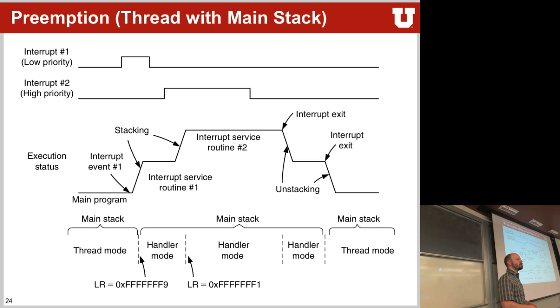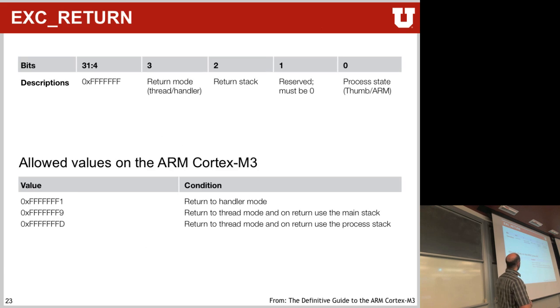Yes. And this is why we have this return value, the EXC_RETURN value. There are 3 different values that you can have. The definition is that bits 31 through 4 are all Fs, and the last nibble indicates how it should return. On the Cortex-M3, these are the 3 different values.